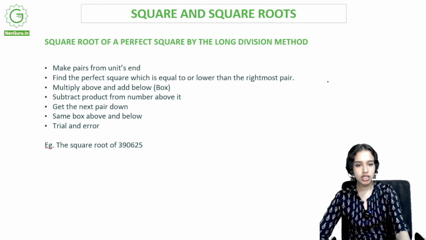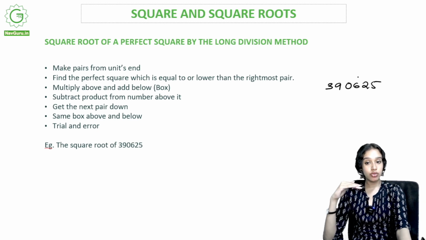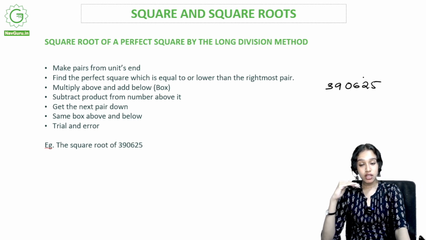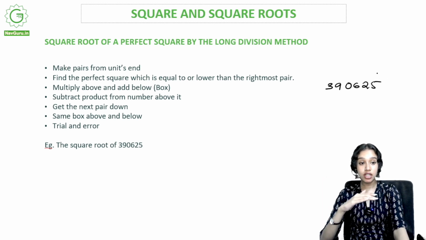We got an example here which is a quite huge number, which is 390625. Now, we make it a pair, we pair two numbers from right to left. So it's like 25, 06, 39.